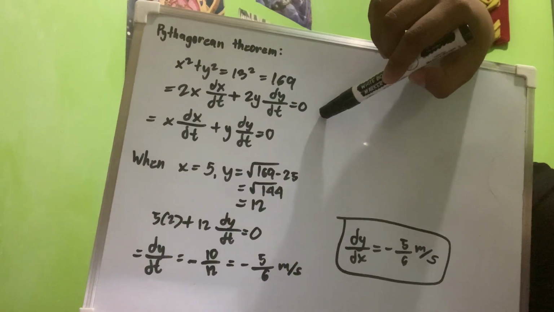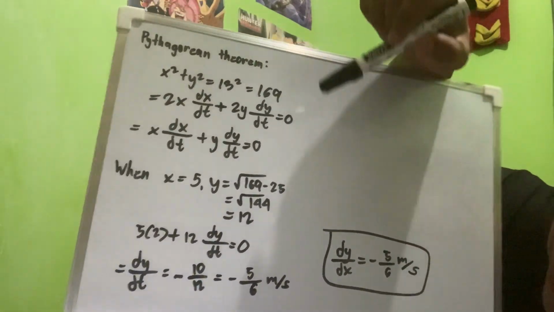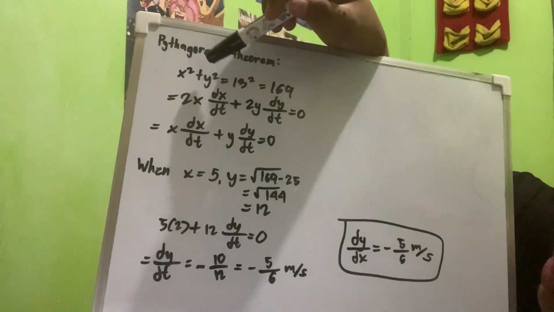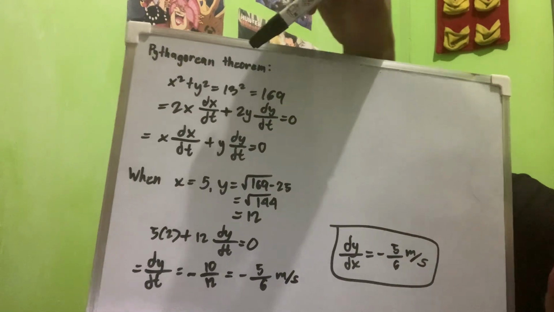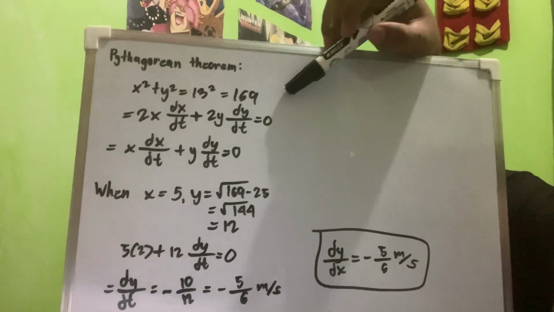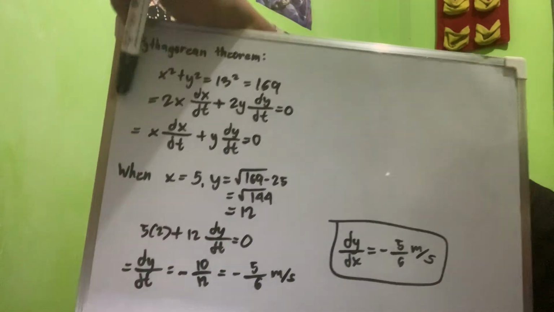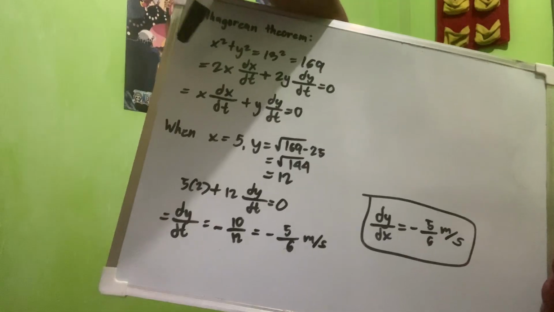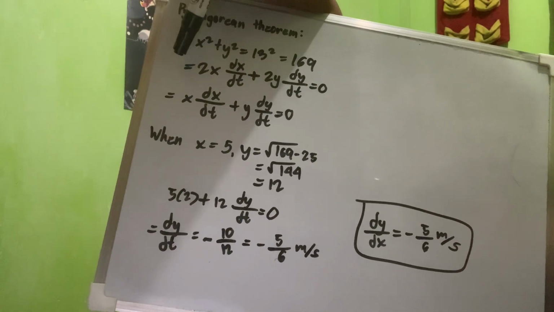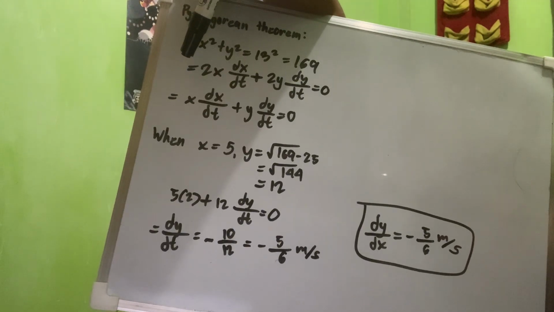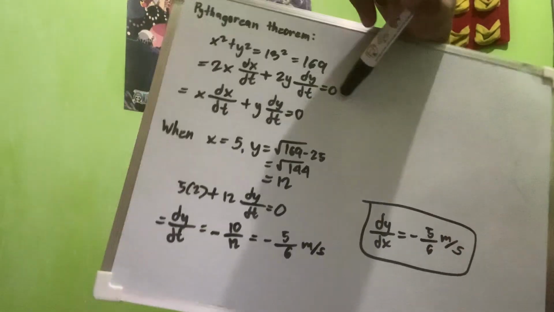And x squared plus y squared equals 13 squared. So 13 squared equals 169. So differentiate: 2x dx over dt plus 2y dy over dt equals 0.